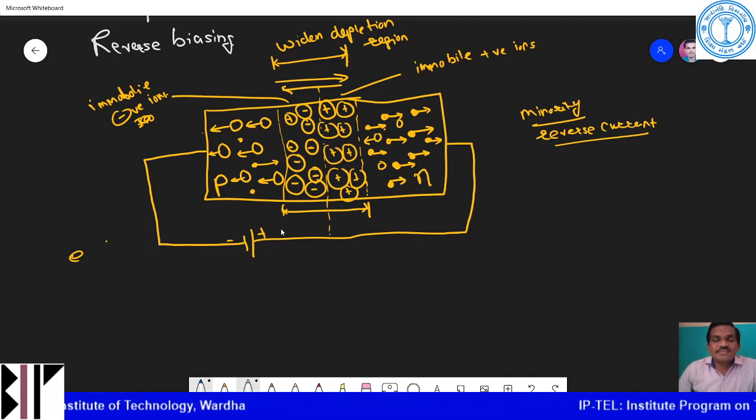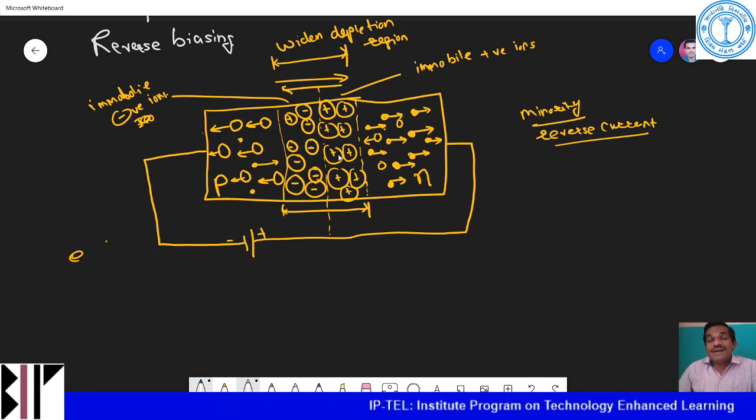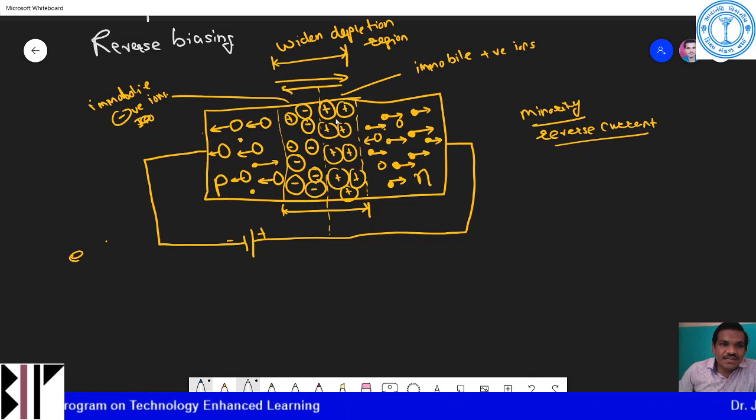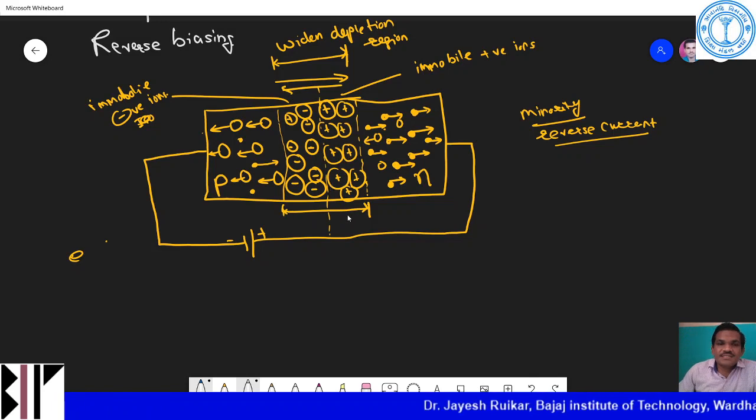This makes the depletion region widen, forming negative immobile ions on the P side and positive immobile ions on the N side.